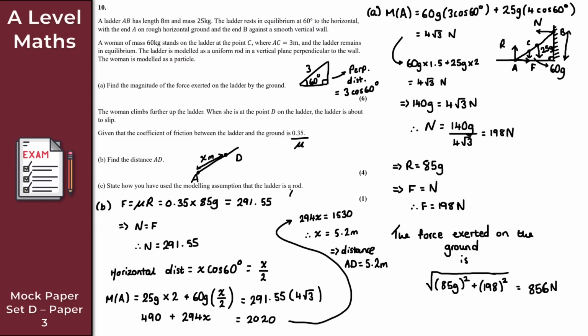With the ladder being a uniform rod, the weight acts at a single point. Because it's a uniform rod, the weight is exactly in the middle of the ladder. Another answer you could give is that the ladder won't bend. Anything such as that is absolutely fine.